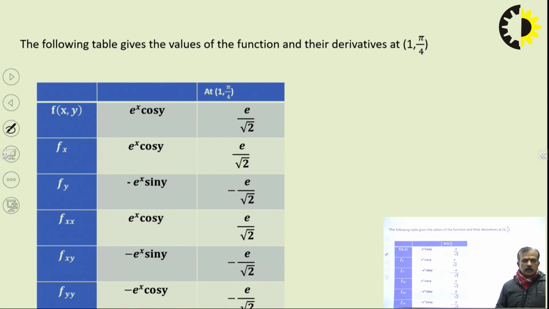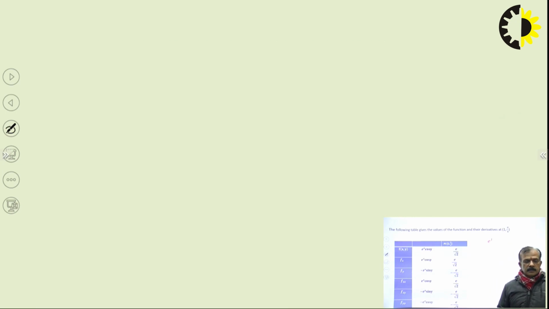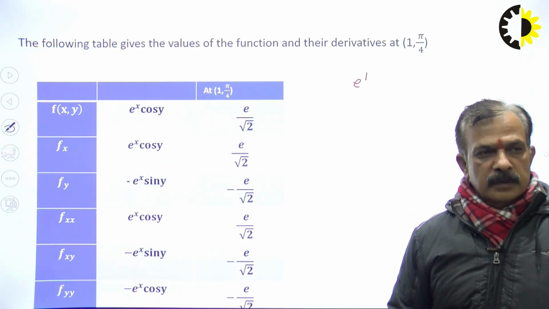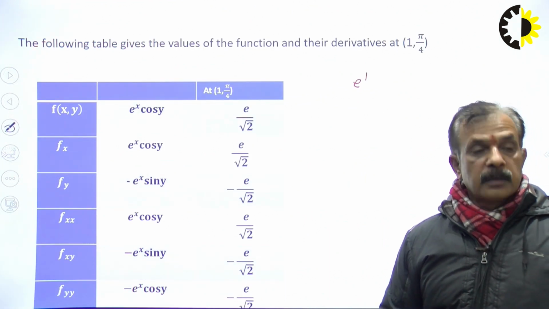Because f of x y equals e raised to the power x into cos y, the value of this function at x equal to 1 is e raised to the power 1 into cos of pi by 4. These are the values of the derivatives and the value of the function.